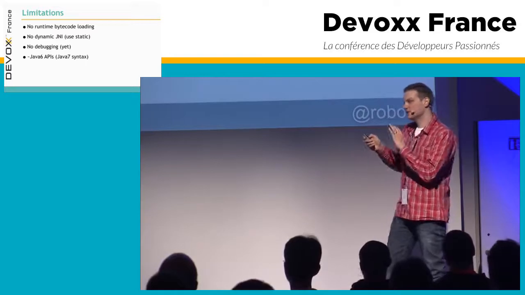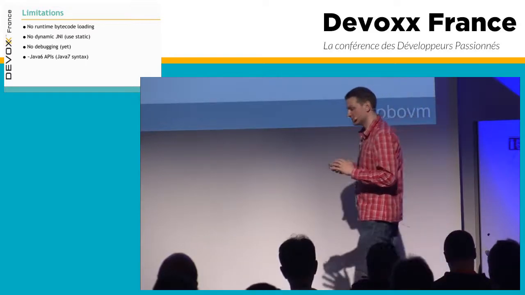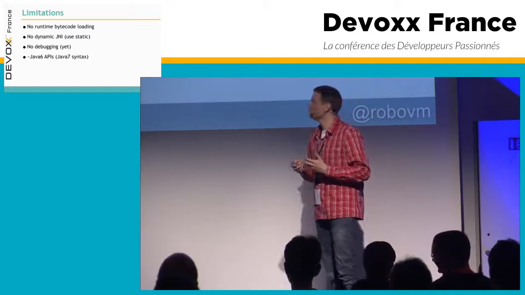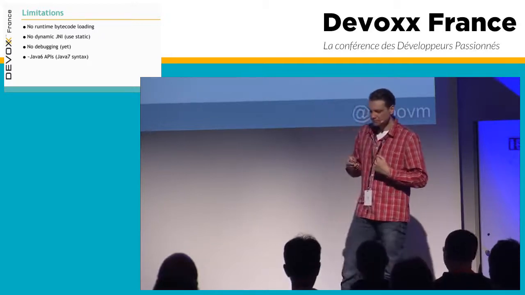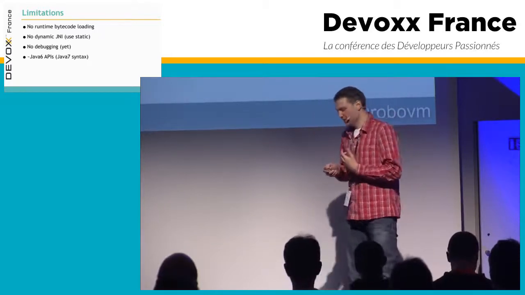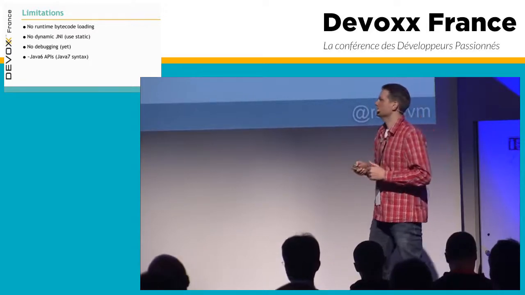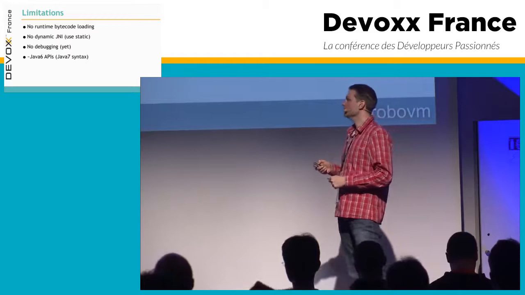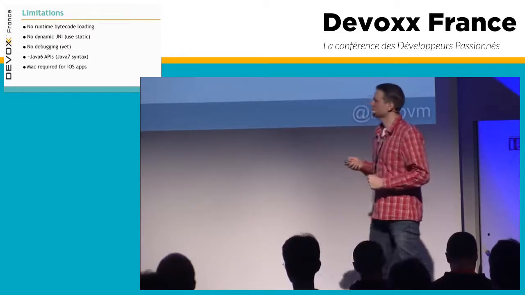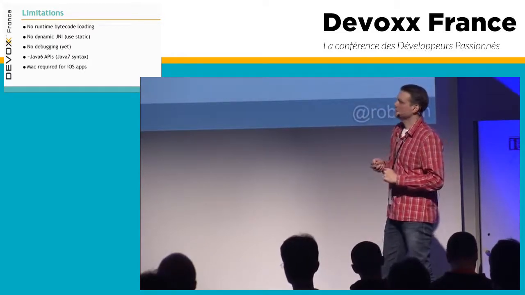You can still use the new Java 7 language features like try with resources and switch on string, etc., but you're limited to the Java 6 APIs. And you'll need a Mac to build for iOS, at least.